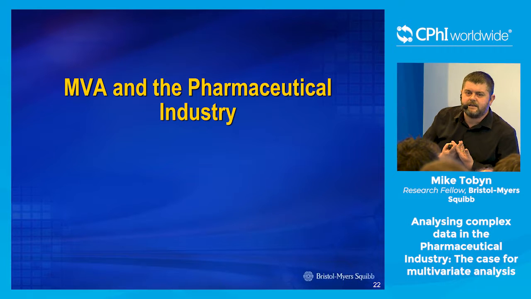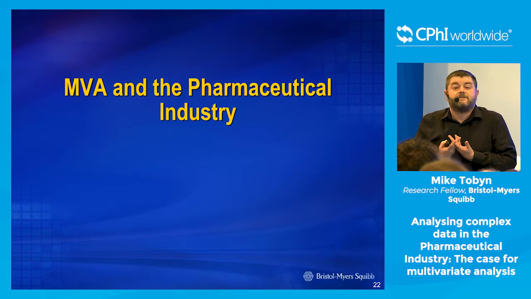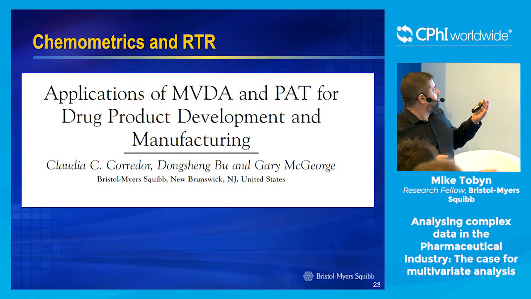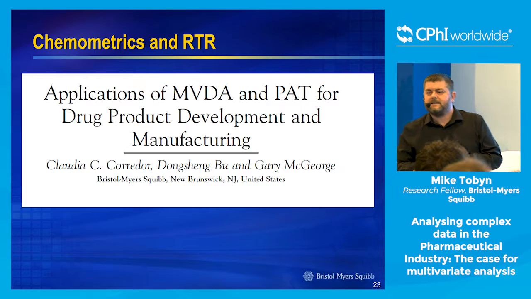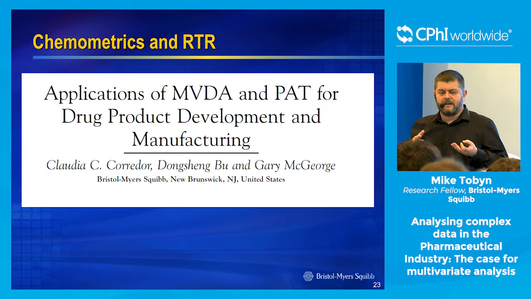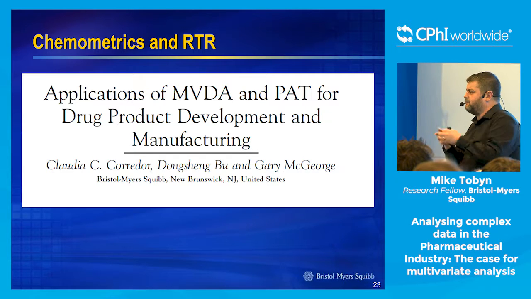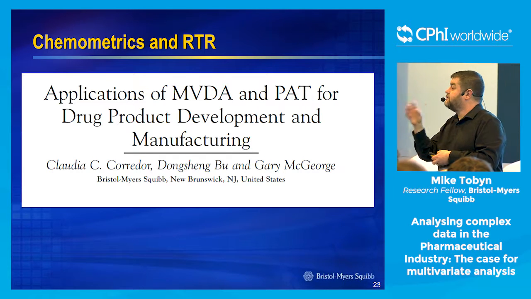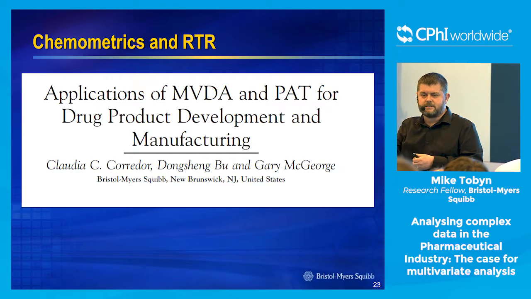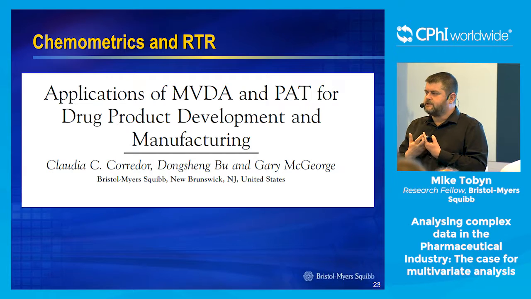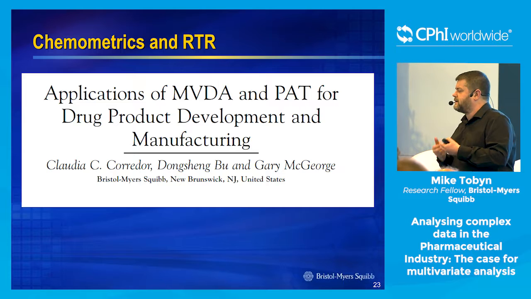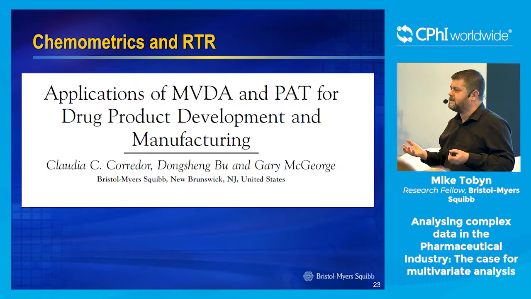So what has MVA been used for, as far as we're aware, in the pharmaceutical industry? It really started in PAT. The chemometricians started using it a lot. So they're looking at drug content, blend uniformity. They developed the chemometrics, they developed the principal components, and they've used that a lot. And so real-time release methods have used chemometric and multivariate techniques in that.